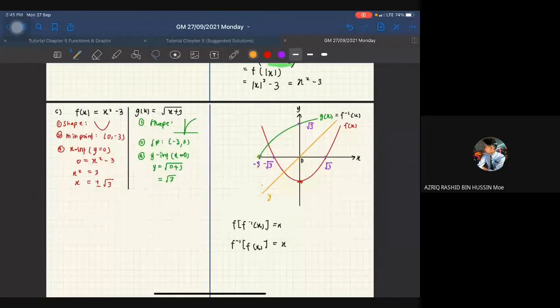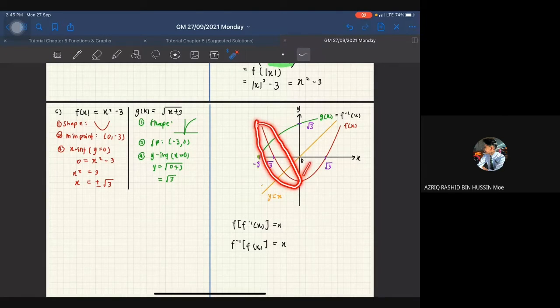Okay, so this is y = x. Now, look at the green one. The reflection of the graph of g(x), is it at this part or this part, the left or the right part?